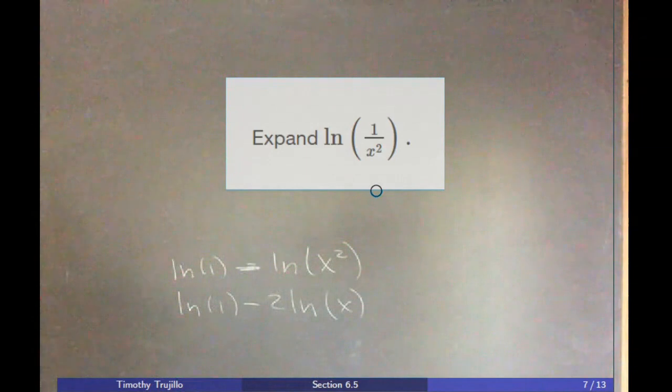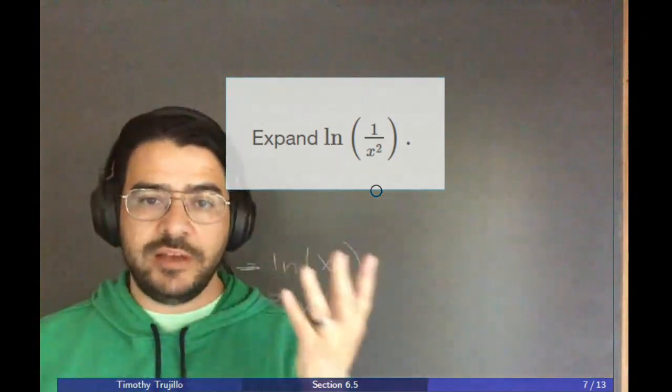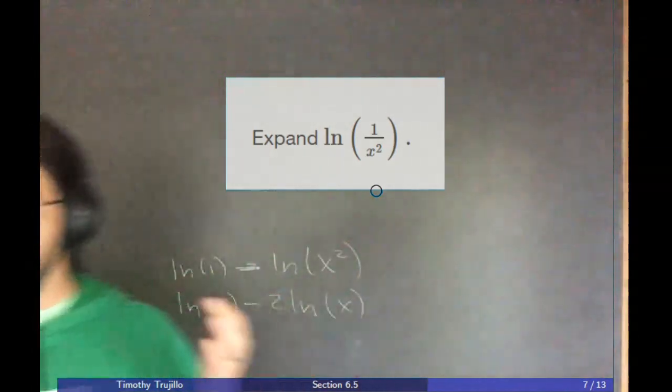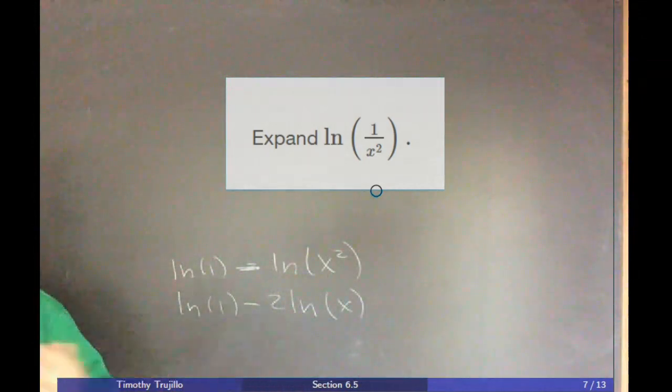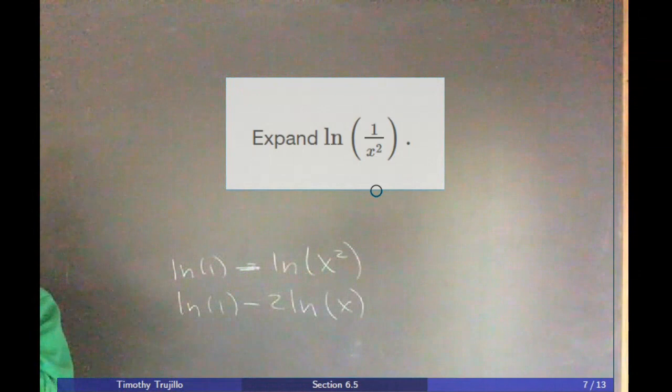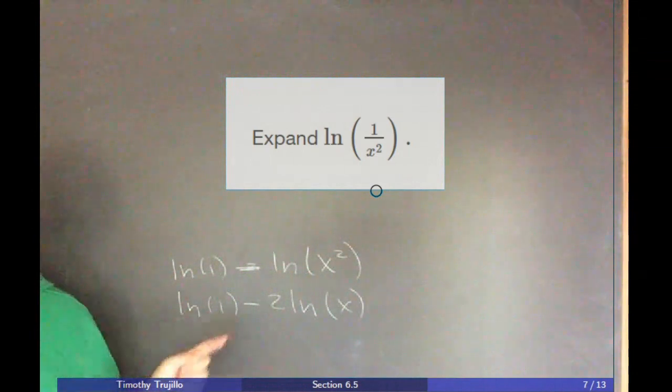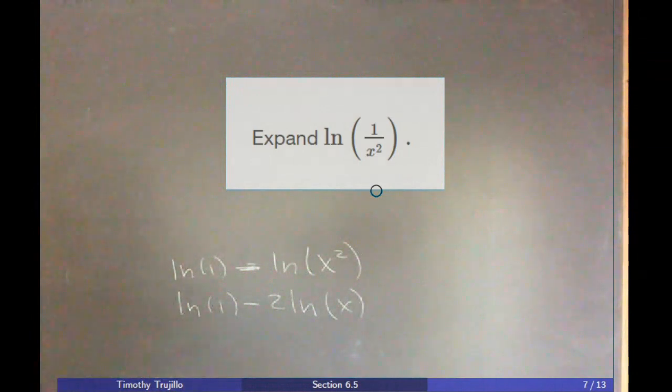And I should say, before I was saying expand and write as many logarithms as you can. And it looks like there's 2 logarithms here, but there's not. There's really only 1. Why? The natural log of 1. This is something that will help you out on the exam.